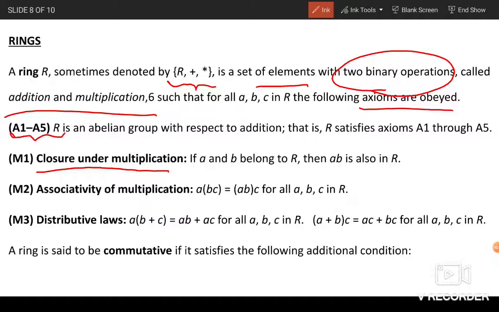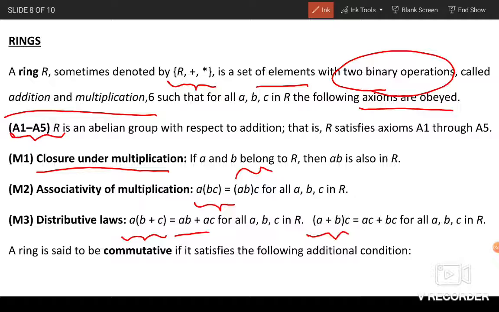Then it should also satisfy the multiplication axioms, that is closure under multiplication. If A and B belong to R, then AB should also be in the set R. Associativity of multiplication: A into BC and AB into C, both should be equal. Distributive laws: A into B plus C is nothing but AB plus AC.